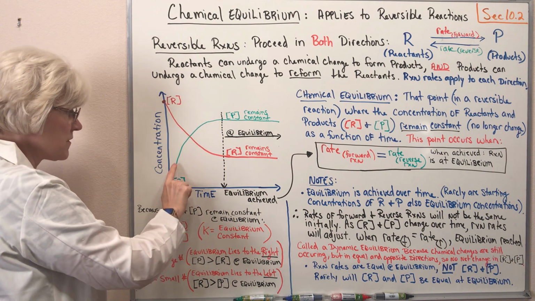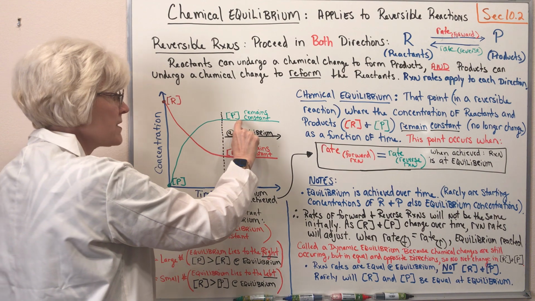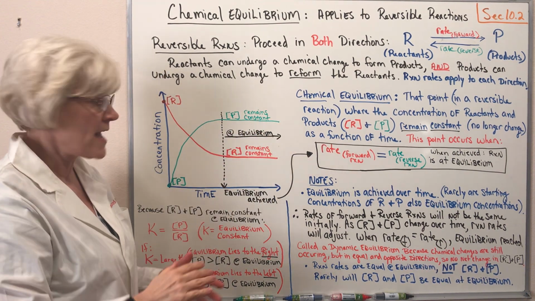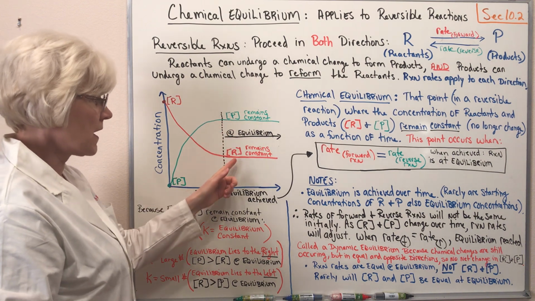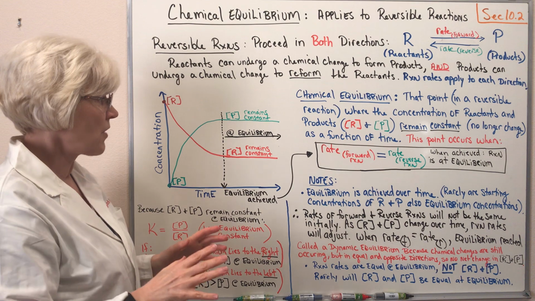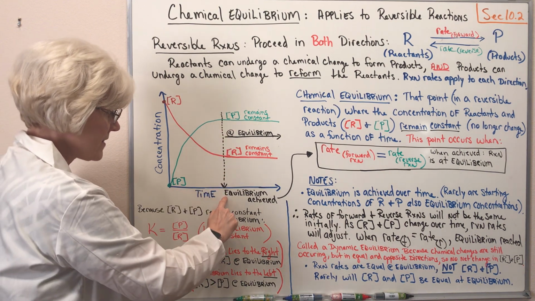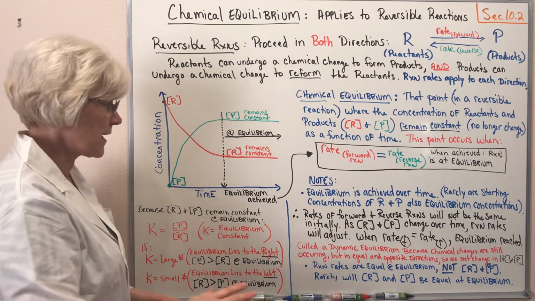The concentration of product that increased over time initially reaches a point where it flatlines, holds steady and constant. At this particular point, where the concentration of reactant and product are staying the same and not changing, at that point in time, you have achieved equilibrium.